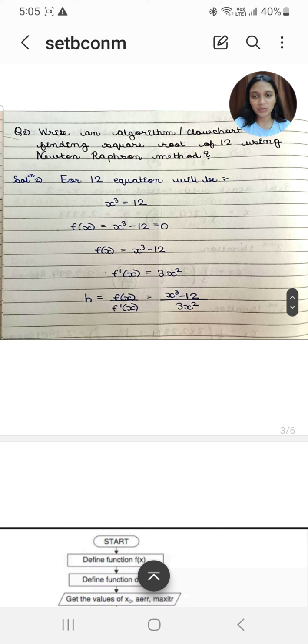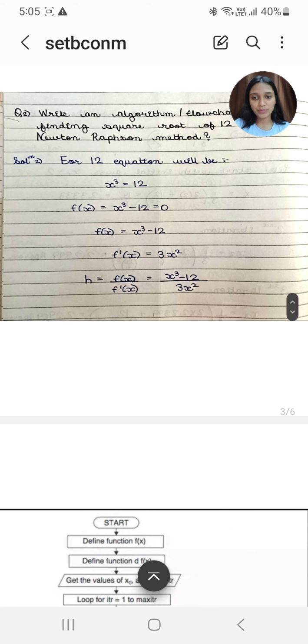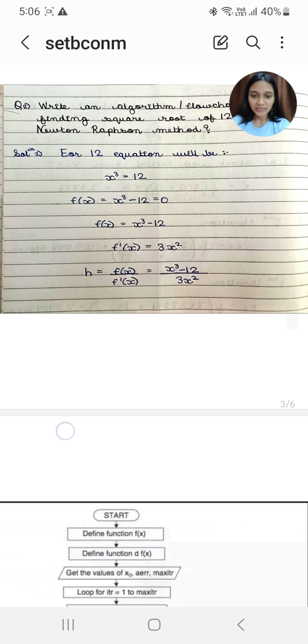Our f(x) would be x³ − 12 = 0, and we will take out the differentiation, that is f'(x), that would be 3x², and the value of h would be f(x)/f'(x), that is we will put the value of f(x) as x³ − 12 and the value of f'(x) as 3x².